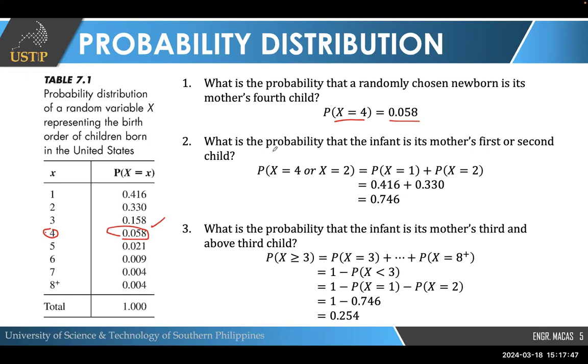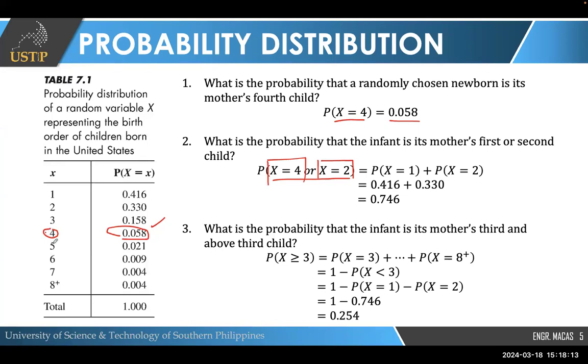So the second question here is, what is the probability that the infant is its mother's first or second child? So unsa tong na-learn before? When you have two mutually exclusive events class, these are mutually exclusive. Because if you're a second born, dili ka pwede mahimong fourth born or fourth child, di ba?